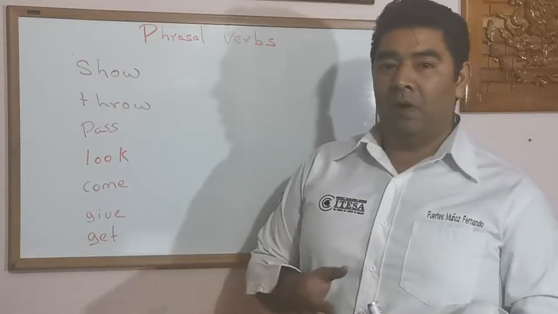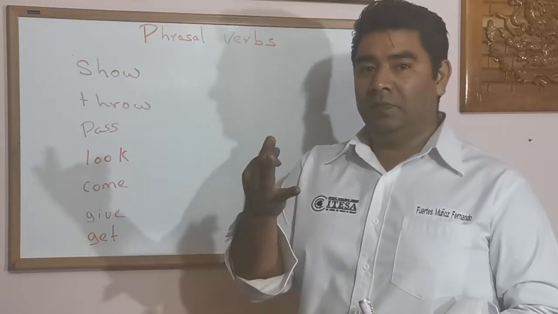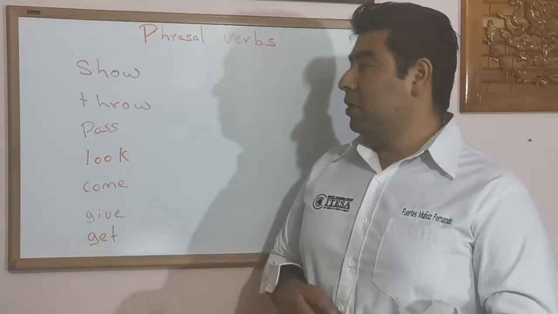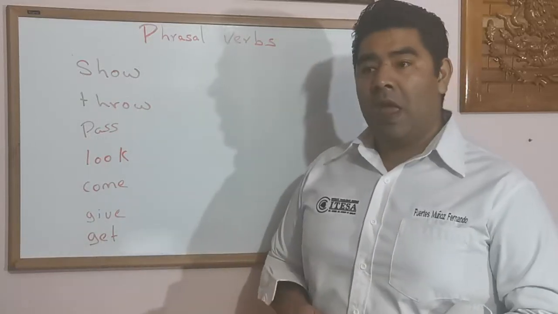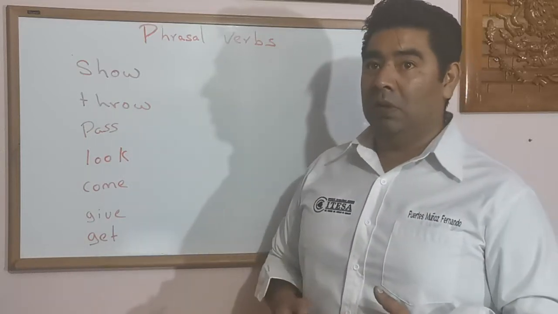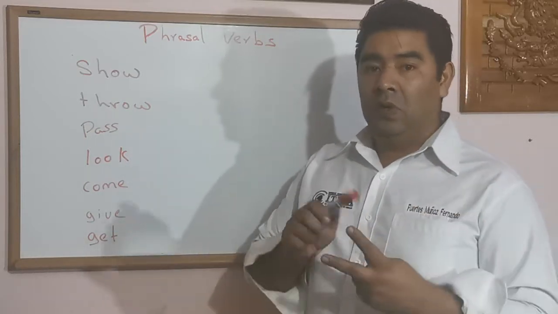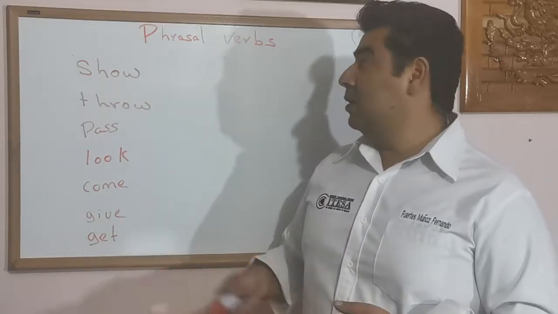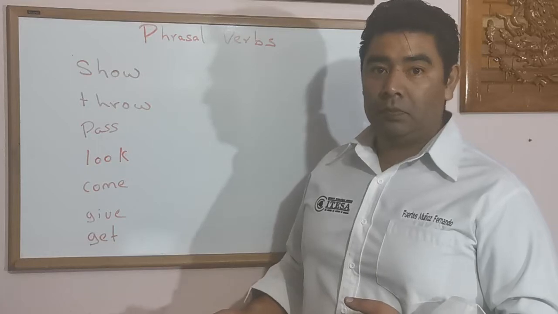If they are a compound of three words, I'm gonna show you some examples. And three word phrasal verbs are not that common. Most of them have only two words, the verb and a preposition.